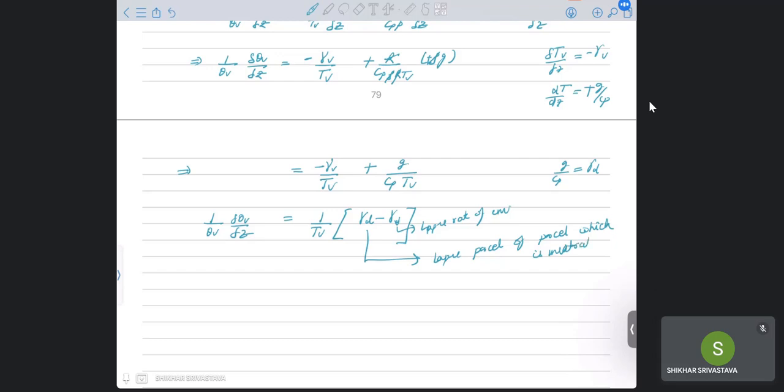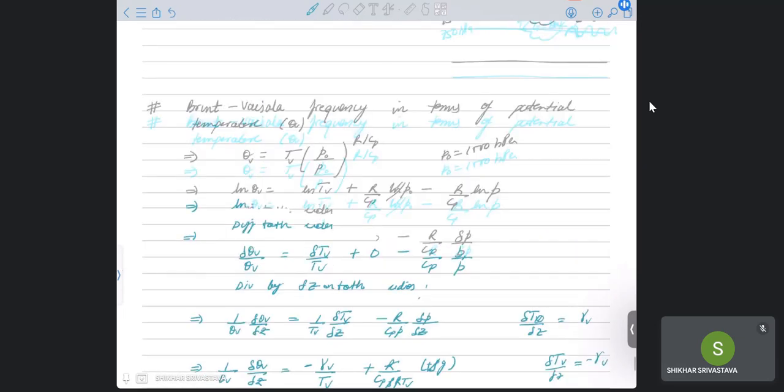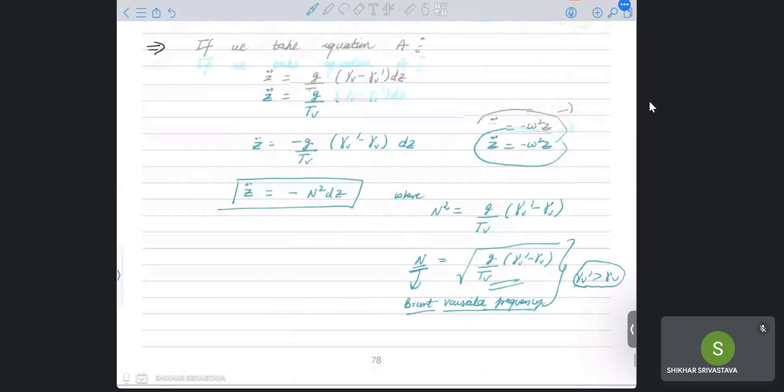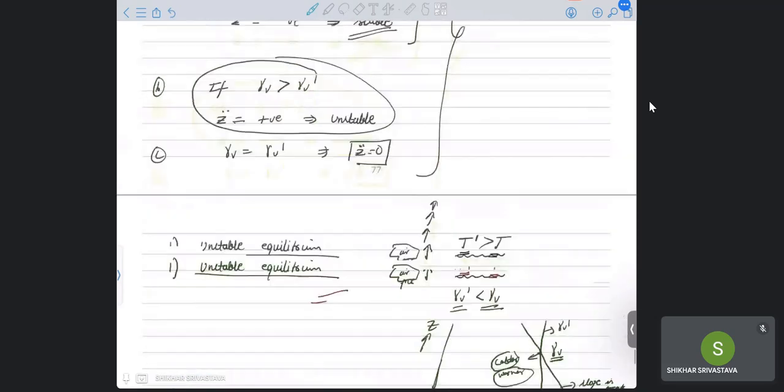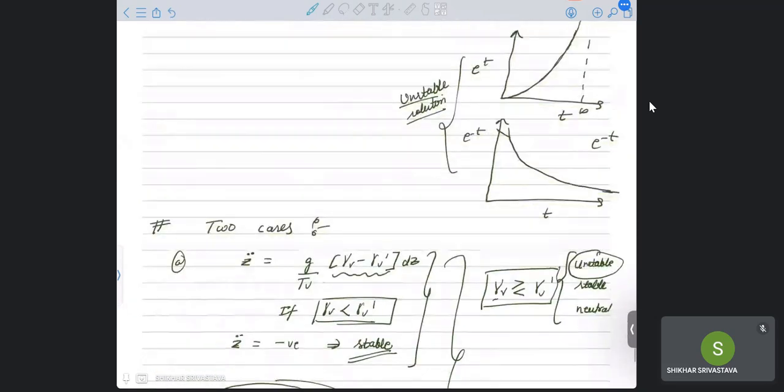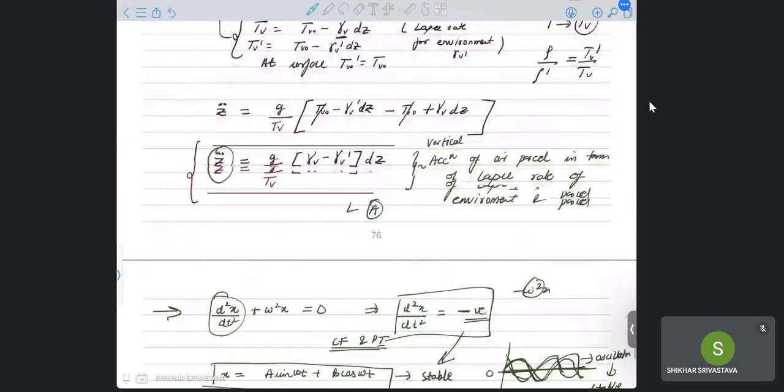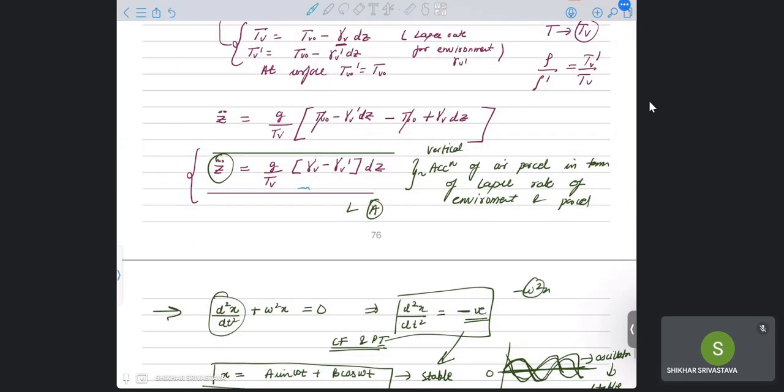So this is the lapse rate of the environment, and this is the lapse rate of the parcel. It is basically a gamma V dash only, gamma D. So we can just use this equation back into this, and replace gamma D with gamma V prime.